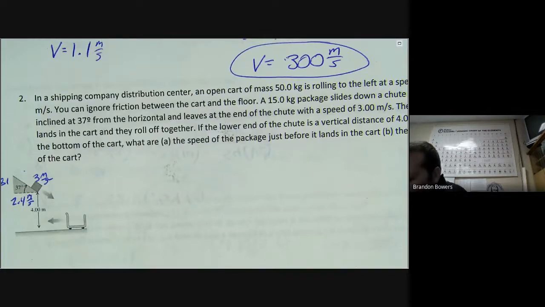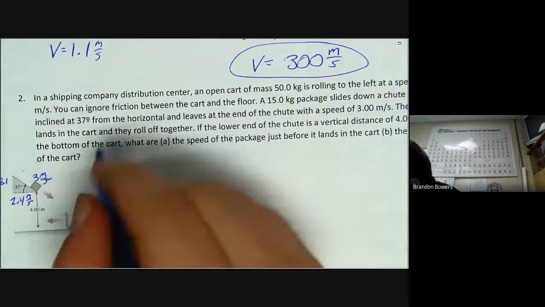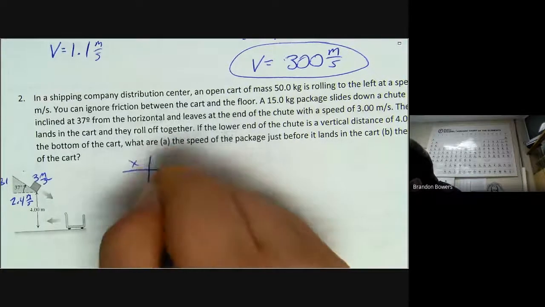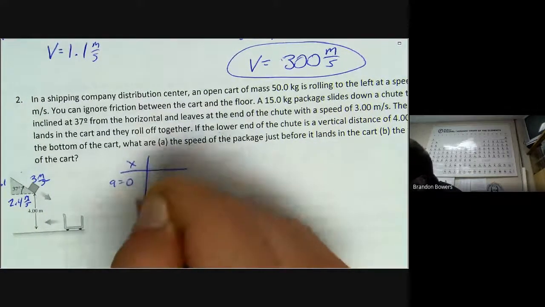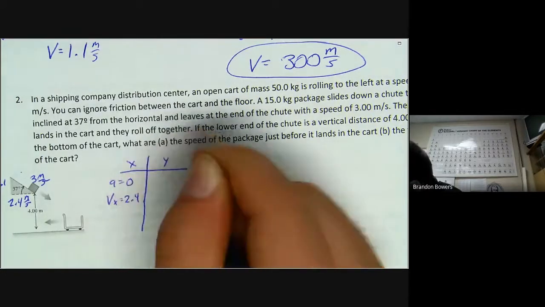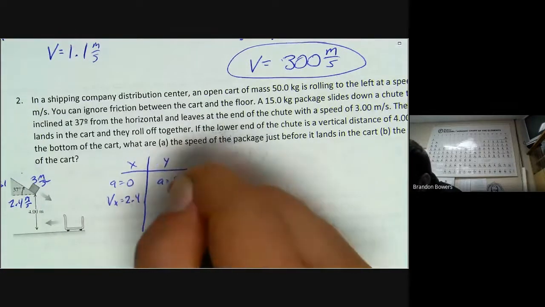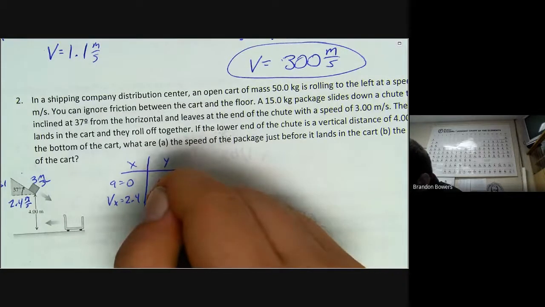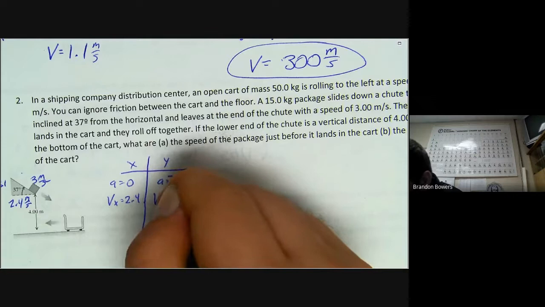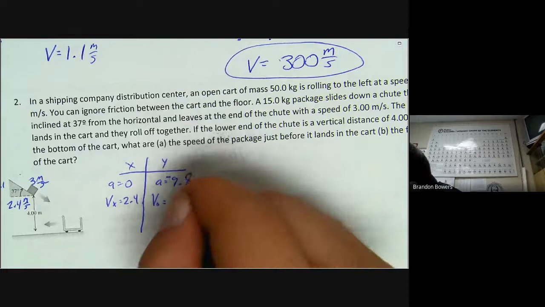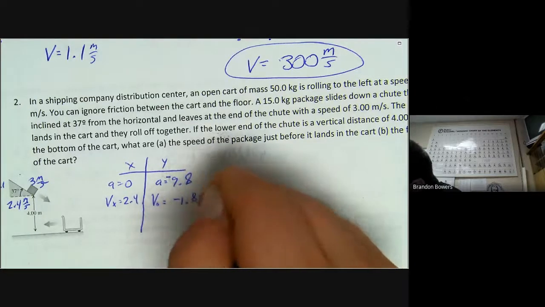In the x direction, acceleration is 0. My Vx is 2.4. In the y direction, we know acceleration is negative 9.8. Its initial velocity was negative 1.81.